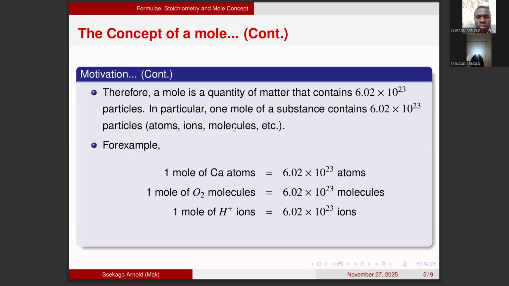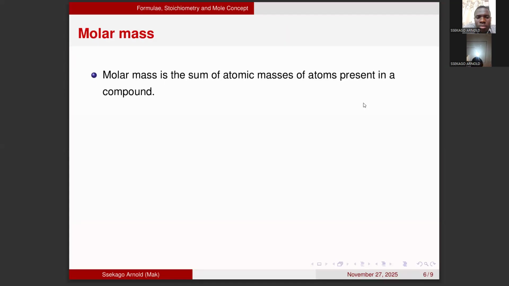For atoms, ions, and molecules, we do not use dozens because these are very small things. So to count them, we use the concept of a mole and relate it to Avogadro's constant. Hope that is understood very well.